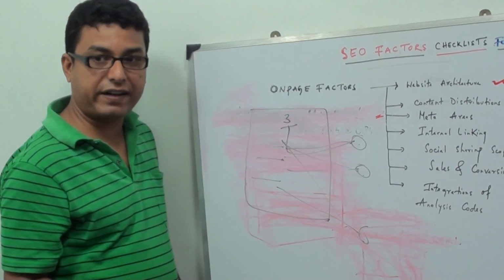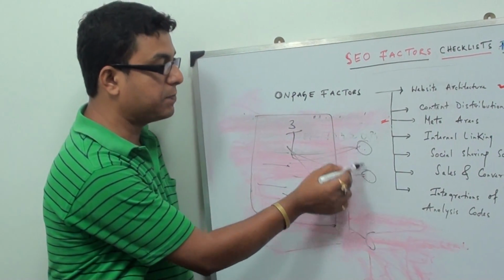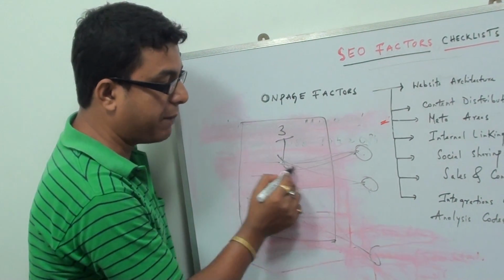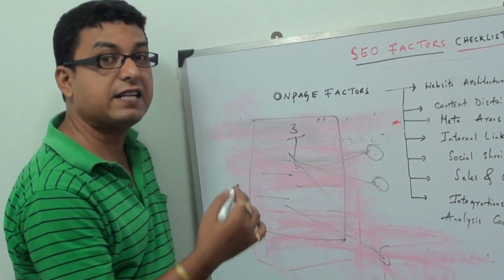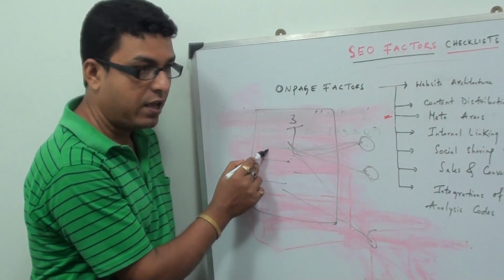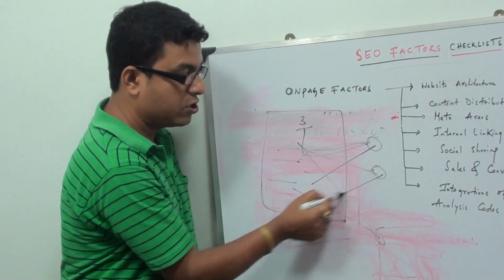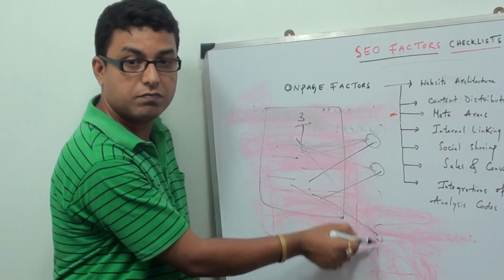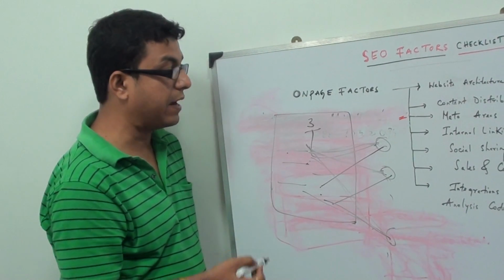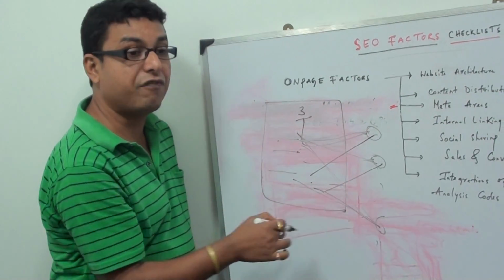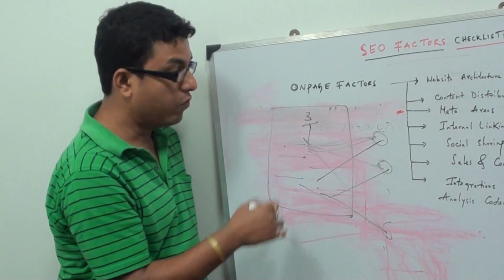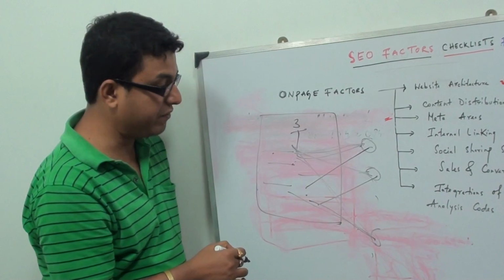Another factor is that these pages also get traffic, and they get indexed through the links. So indexing will be easier, and pages will be indexed frequently when you update them, if you have a good internal linking architecture in your website.